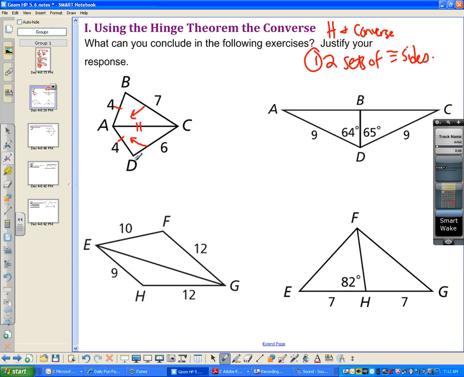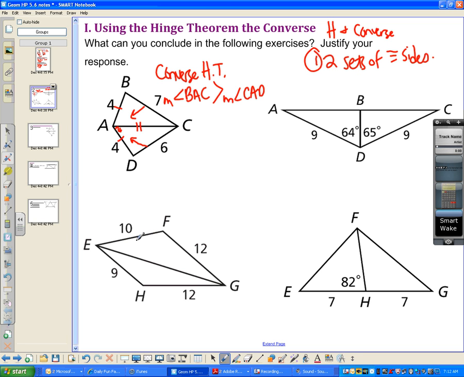So what I can conclude by the converse of the hinge theorem is that the measure of angle BAC has to be larger than the measure of angle CAD. Okay, so again, if they tell us all the side lengths, then that's going to be the converse, because we can talk about the angles.